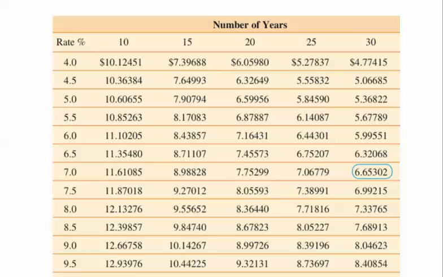In order to find the monthly payment, we need to know the interest rate, and we need to know the term of the loan, which I believe was just indicated, 20 years. And then what we do is we take the factor that's in this chart and we multiply it by the number of thousands of dollars that we're borrowing, and that will give us our monthly principal and interest payment.